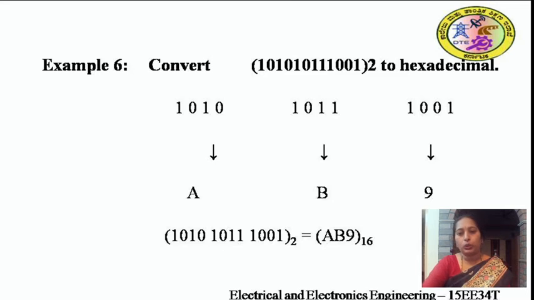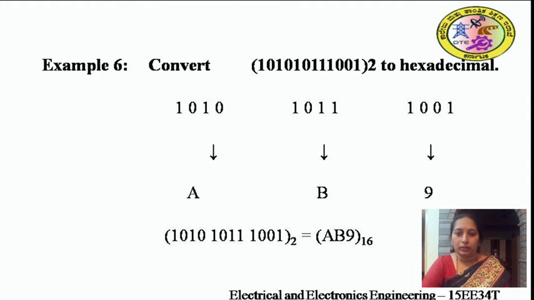For that, starting from the LSB and moving towards the most significant bit, I make groups of 4 bits: 1001, 1011, 1010. This is a 12-bit binary number, and I got 3 groups of 4 bits.